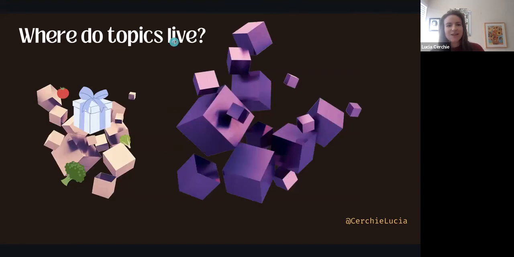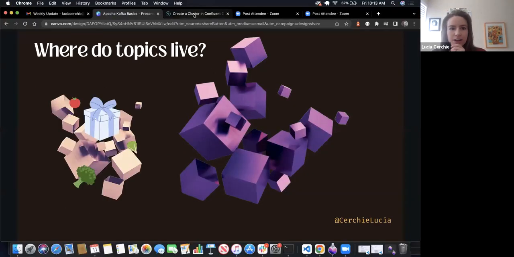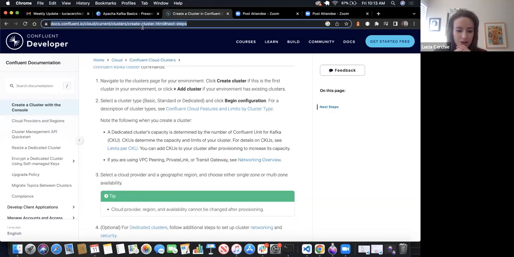Okay, so where do topics live? It's on clusters of servers. So you can use Confluent to create a cluster, which I'll show you the documentation for real quick here and drop it in the chat.